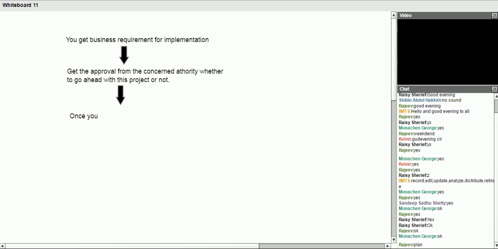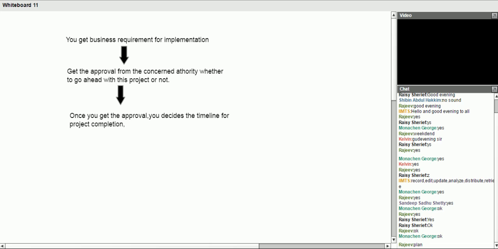Once you get the approval, you decide the time taken, decides the timeline for project completion. Number one.